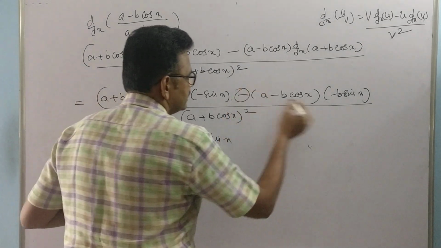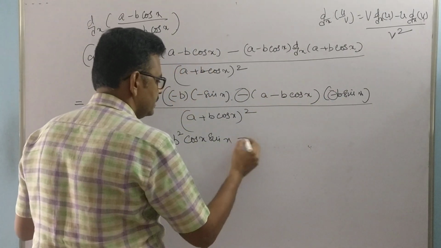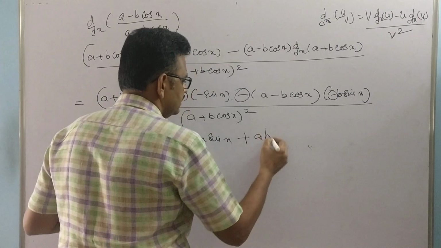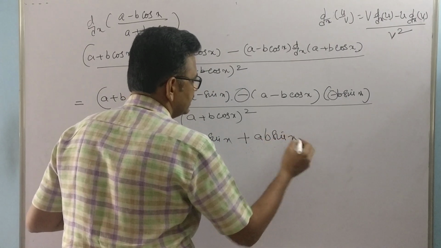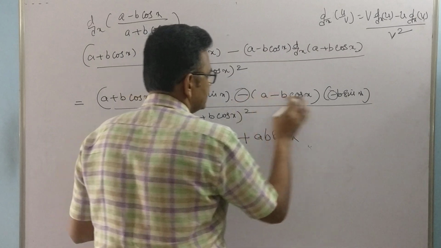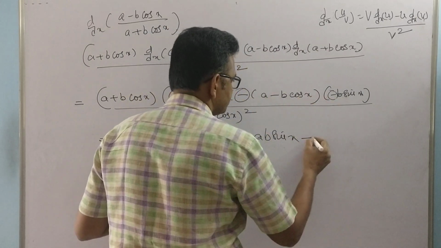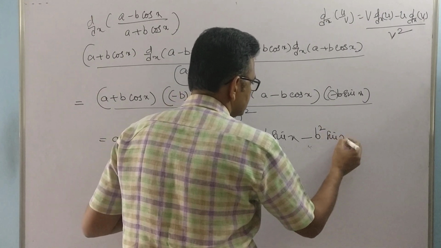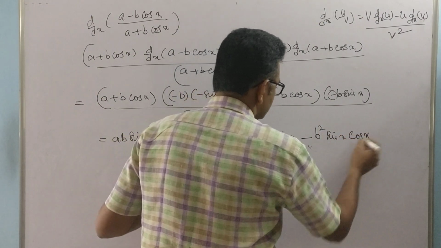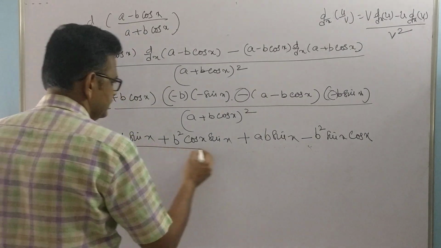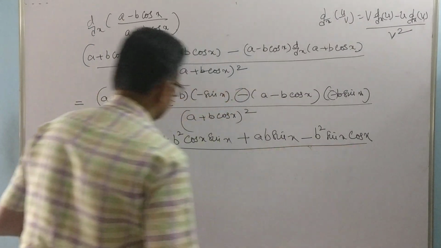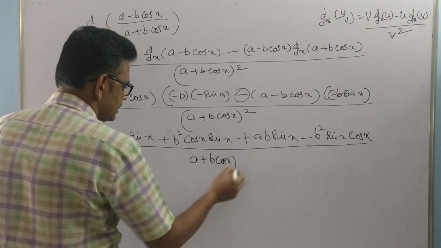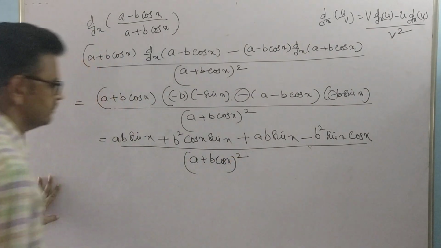Next this minus and minus becomes plus, so a into b sin x, plus ab sin x. Next minus of plus, minus b square sin x into cos x, by a plus b cos x whole square.